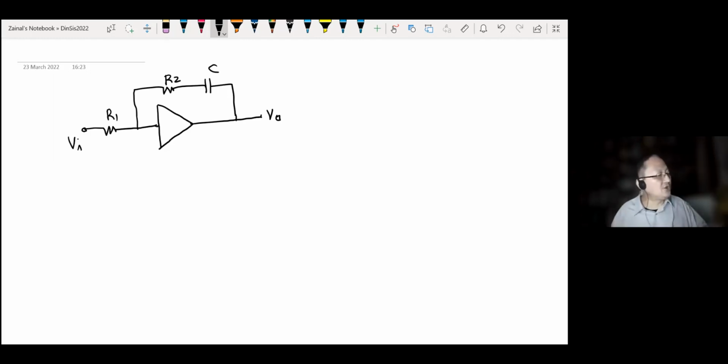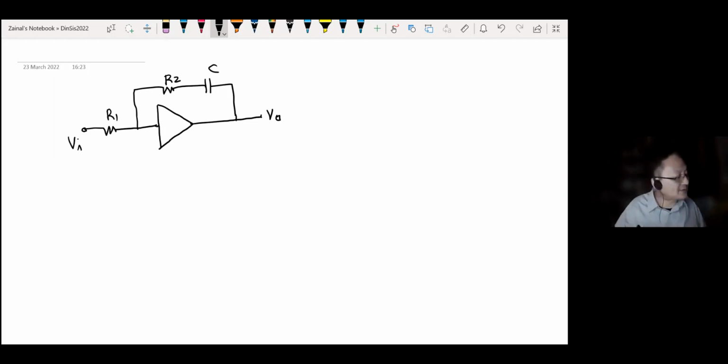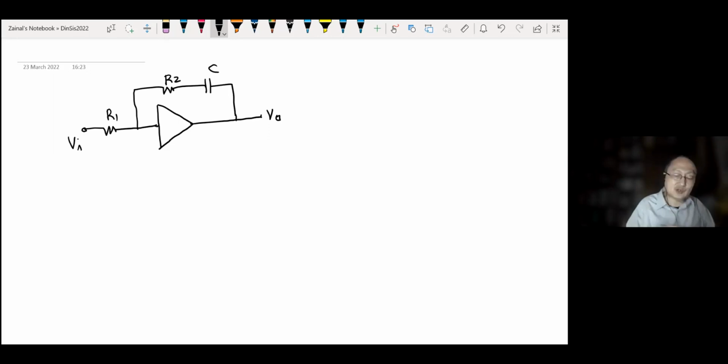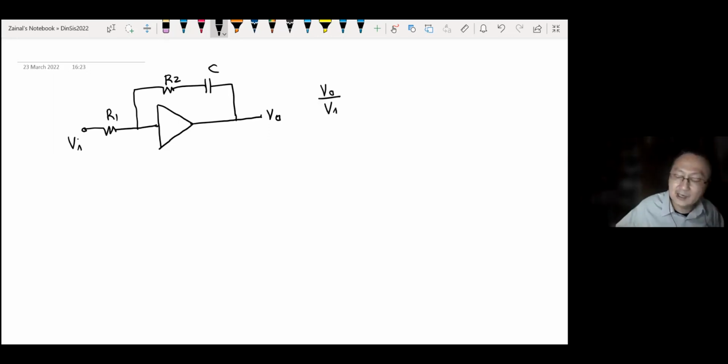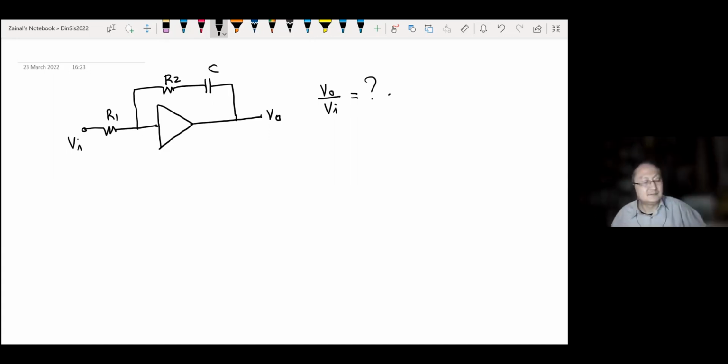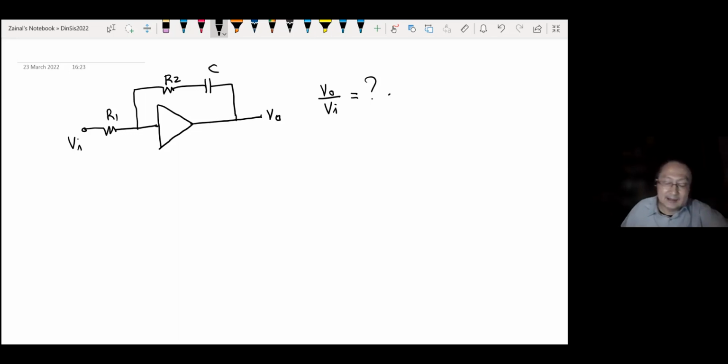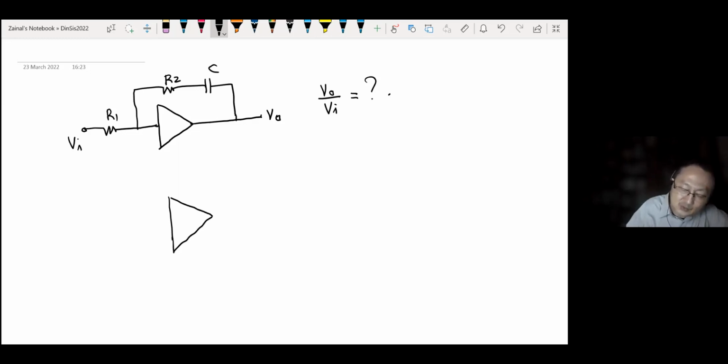So in your book, you have something like this, where VO divided by VI is equal to 1.